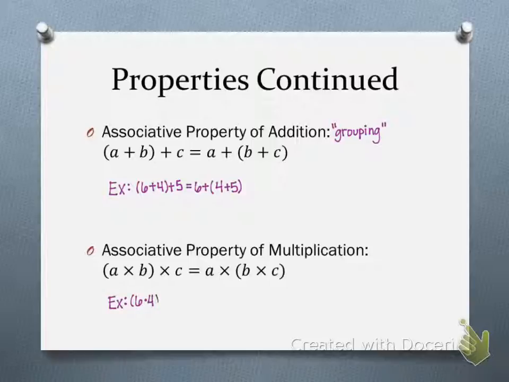So if we have 6 times 4 and then times 5, or 6 times 4 times 5. So 6 times 4 is 24, 24 times 5 is 120. And then if we did on the right side, 4 times 5 is 20, times 6 is 120. So we get 120 equals 120.